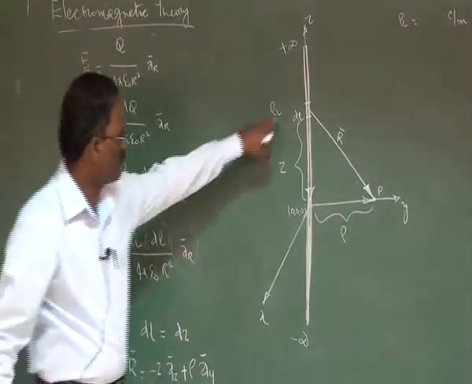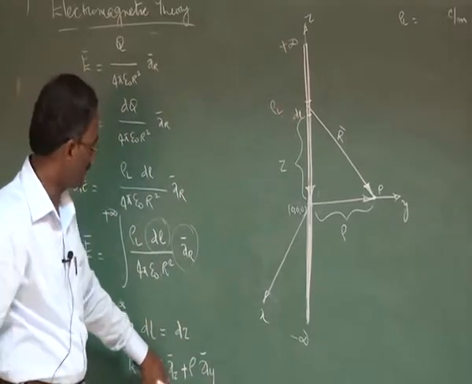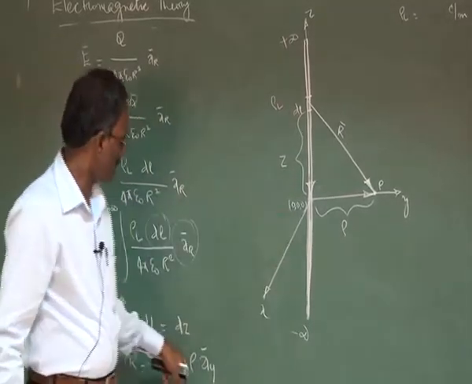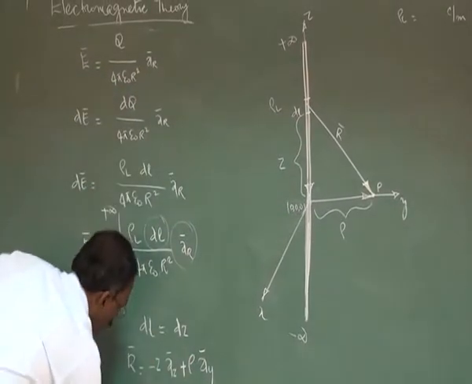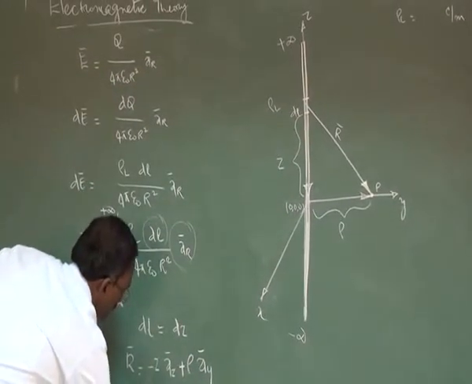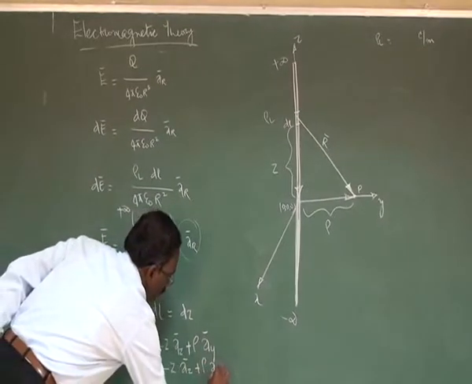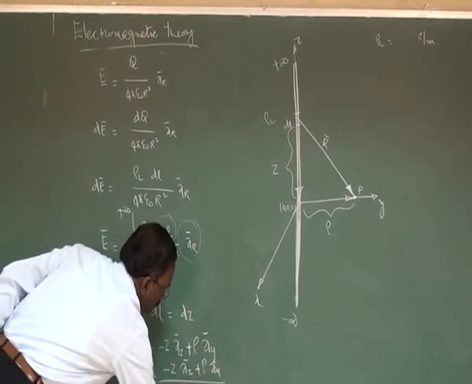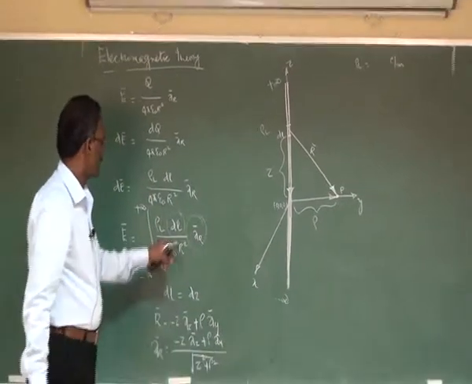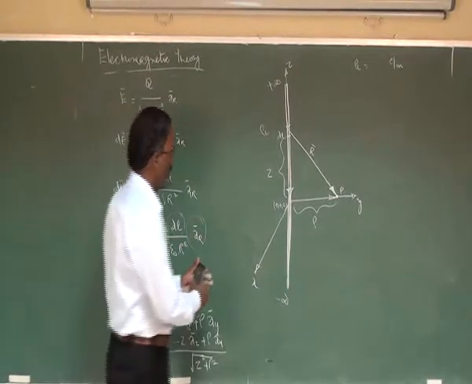R bar is equal to minus z a z bar, unit vector of z direction, rho units along the y direction, so plus rho times a y bar, right? Unit vector a R can be written as minus z a z bar plus rho a y bar divided by square root of z square plus rho square. These two components have to be substituted in this equation to find the value of E.